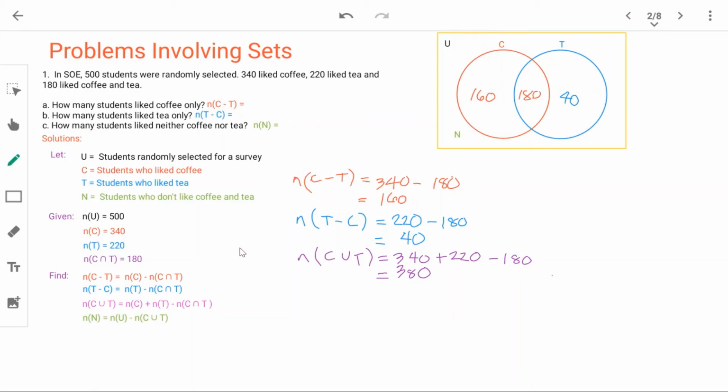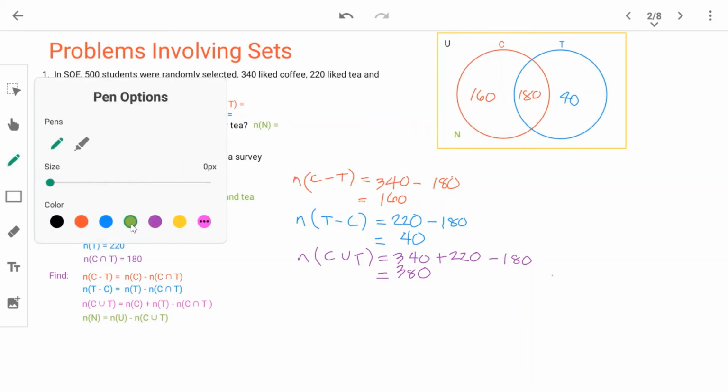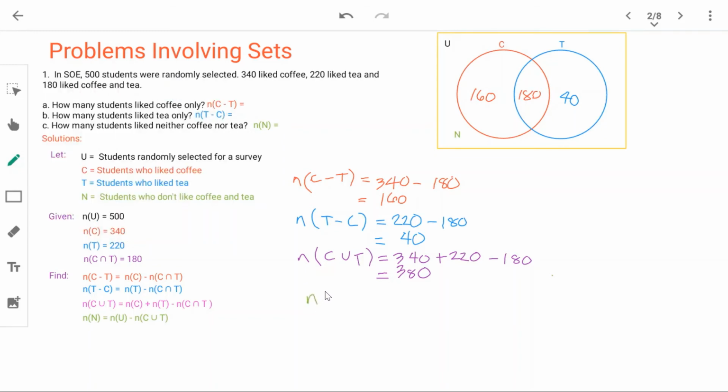Now let's proceed to the number of students who like neither coffee nor tea, represented by the notation cardinality of n. So this represents the number of students who like neither coffee nor tea. And the formula says that it is equal to N of U, the number of students who were randomly selected in the survey, which is equal to 500.